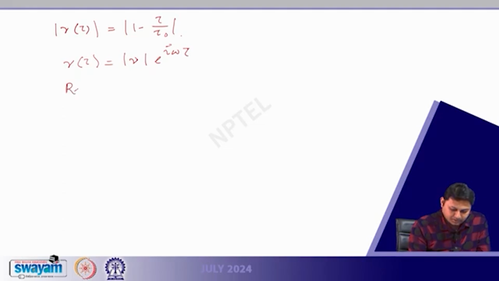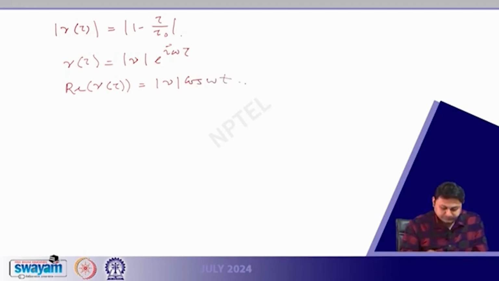Real part of this gamma tau is mod of gamma and then cos of omega tau.